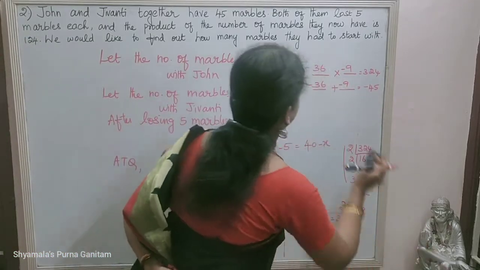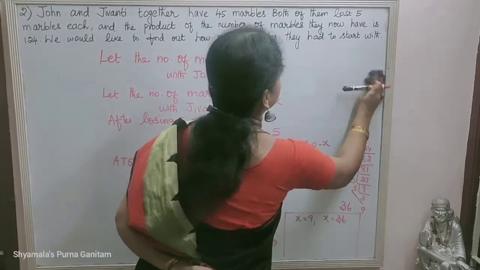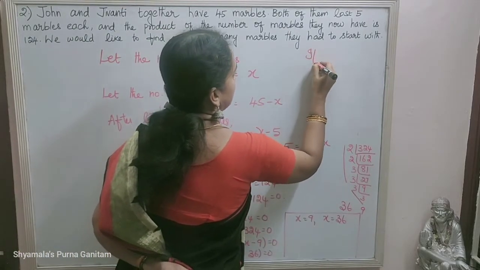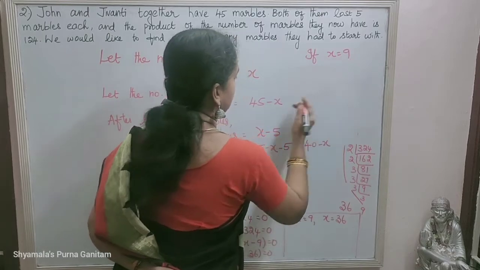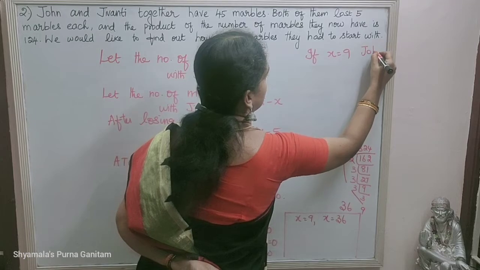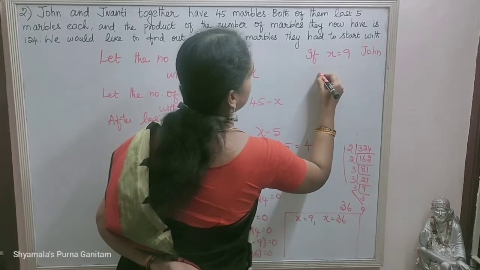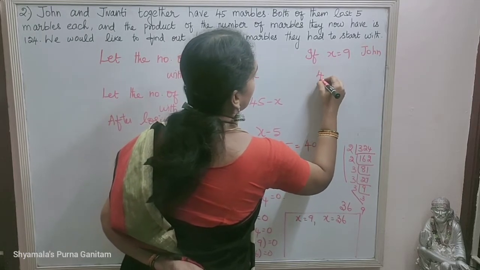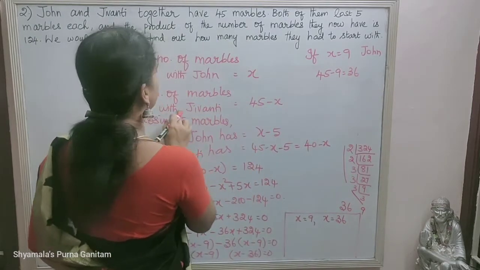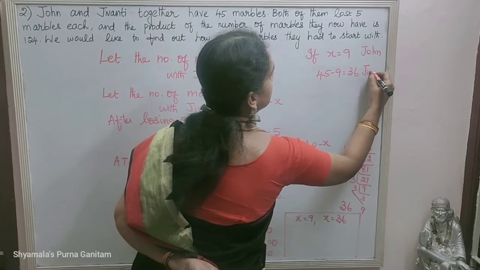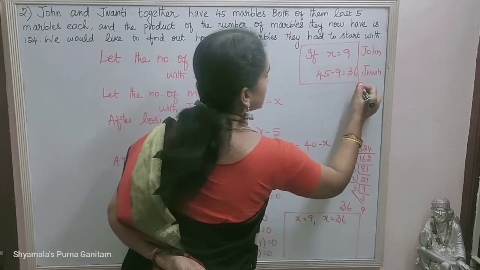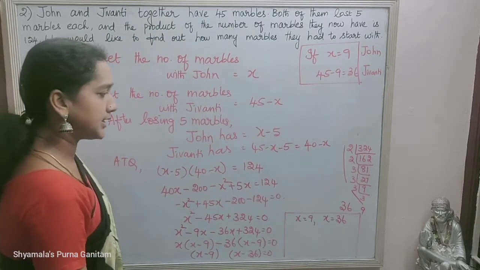If we are taking x value as 9, that is, if John is having 9 marbles with him, then 45 minus 9 will be 36. So this one will be having with Jeevanti. One option is if x is equal to 9, the other one is 36.